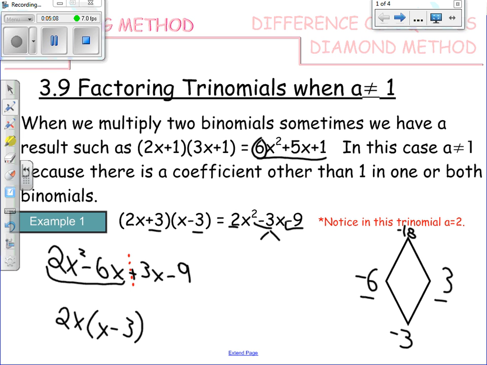The other side. What's our greatest common factor on the right side? Matthew? 3. So plus 3 times x minus 3.